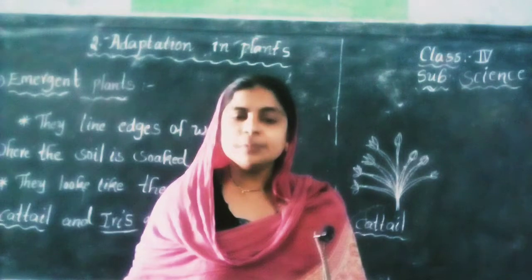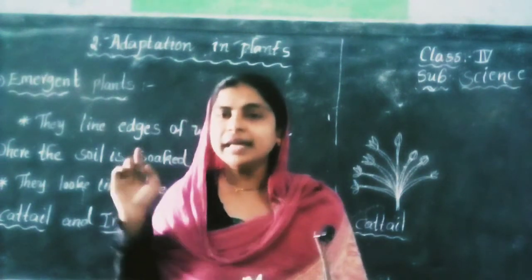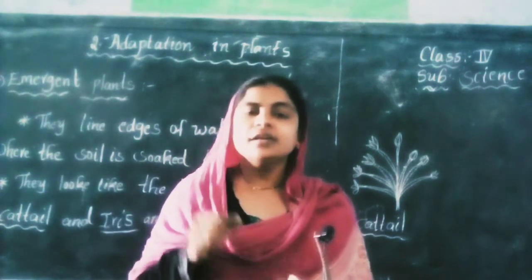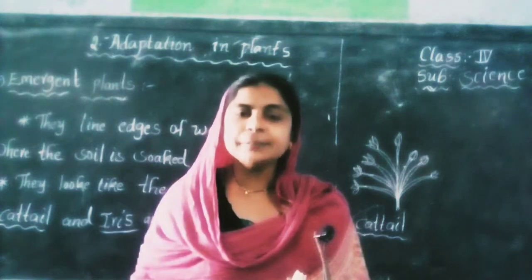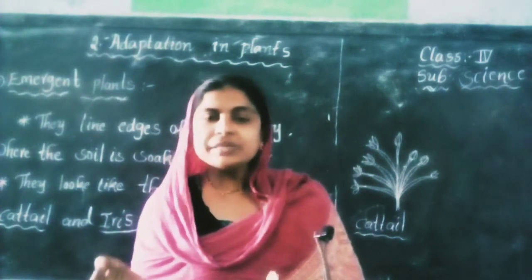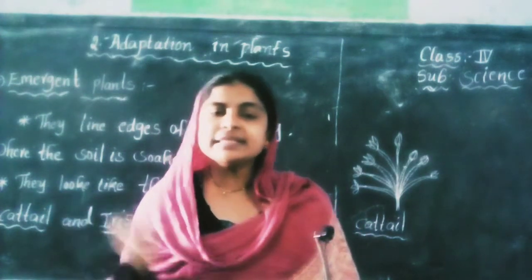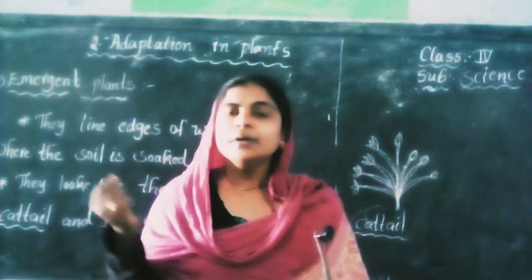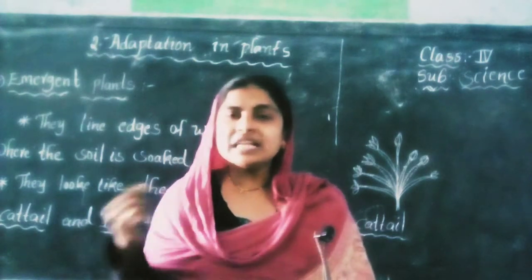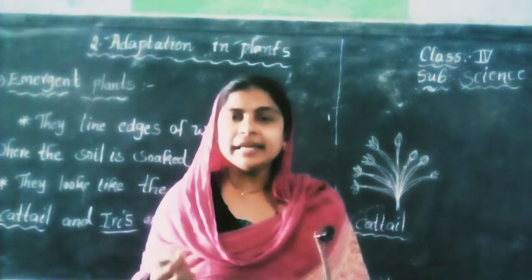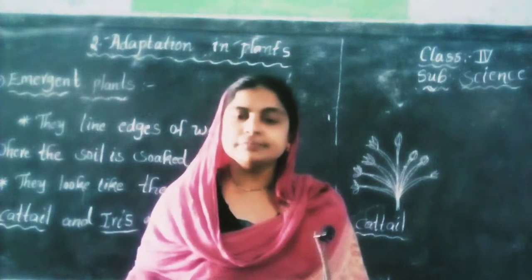Third one, fixed plants. And fourth one, emergent plants. Free floating plants, for example, water lettuce and duckweed. Underwater plants, for example, tape grass and pondweed. Fixed plants, for example, lily and lotus.